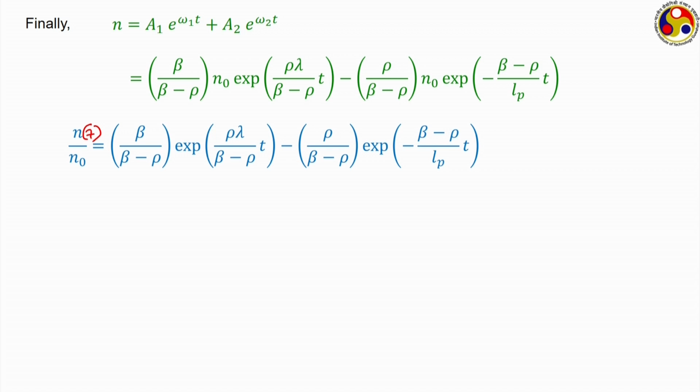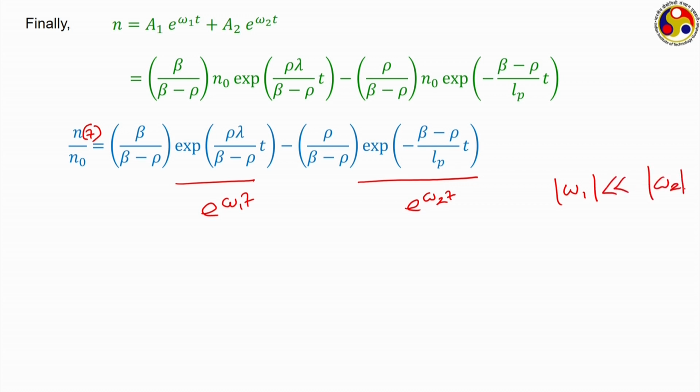Here it is found to be a combination of two exponential quantities. This is the first one and this is the second one. The first one is e to the power of omega 1 t, and the second is e to the power of omega 2 t. Now, if you remember, in the earlier slide we proved that omega 1 is significantly smaller than omega 2, as per the assumption that we are considering.